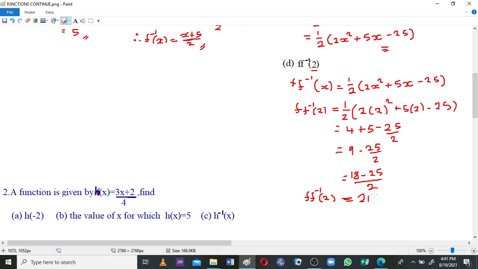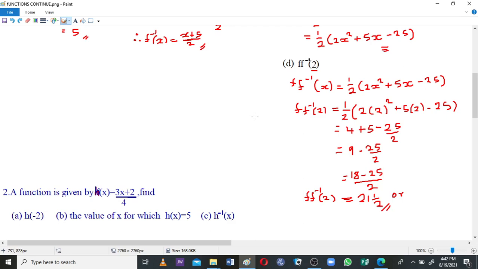Now 1 over 2, so you're going to get a mixed fraction. Wait, is this what we are getting? Sorry, I'm looking at something else here.